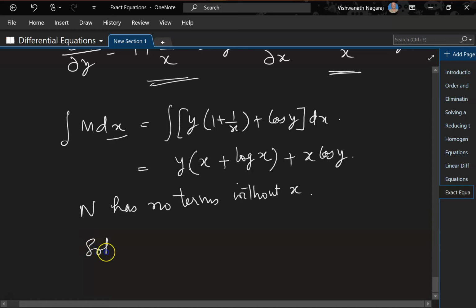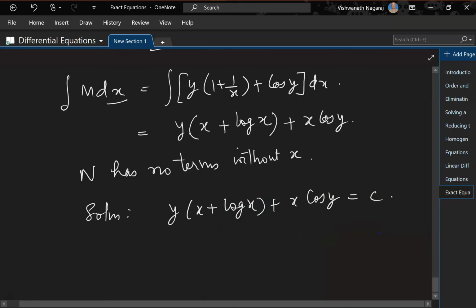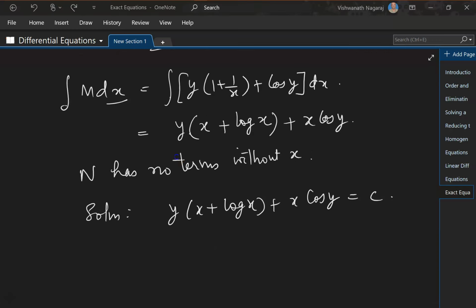So our solution is y times (x plus log x) plus x cos y equal to c. If you want to verify it, just do a differentiation. Okay, let's look at the next one.